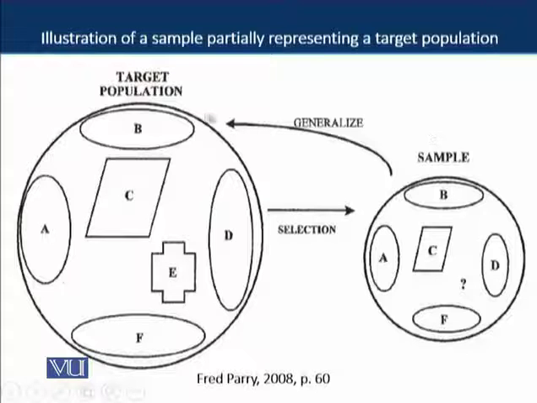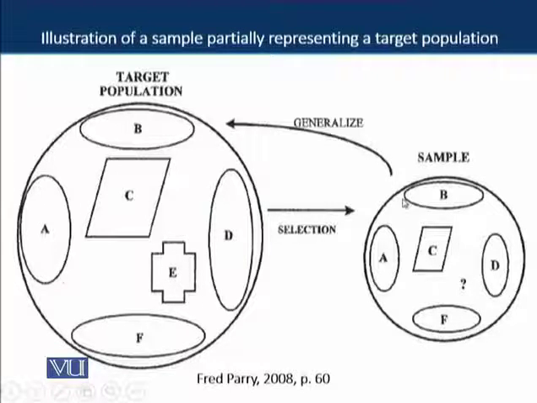For example, the target population has all these features like A, B, C, D, and E. So in terms of age, language, sex, and area or maybe qualification, these are all there within the target population. And the selected sample has all these attributes, but E is missing.